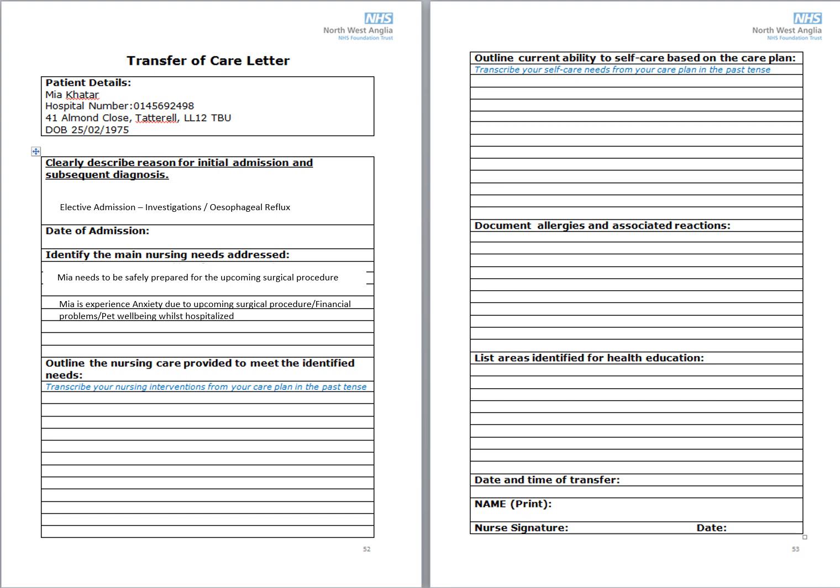So we need to make it relevant for the people that are receiving the transfer of care letter and our patient. So we are going to add 1 or 2 nursing problems to make it relevant for them. So in this case, it could be post-procedure, requires safe post-procedure care.